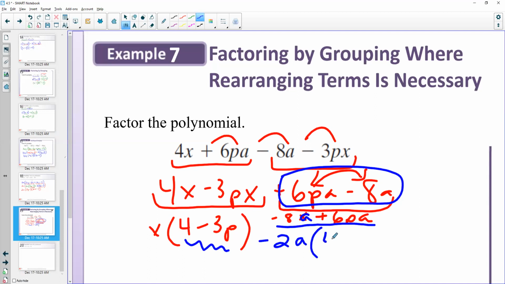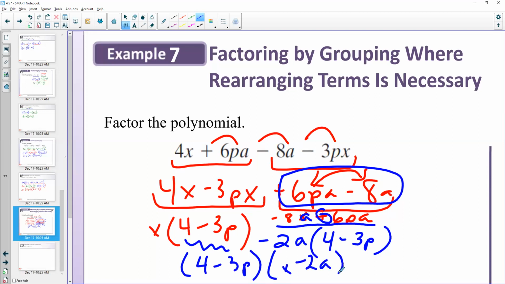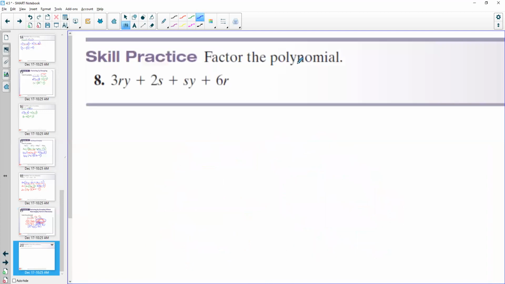So that leaves me with 4. Remember, I pulled out a negative, so this becomes a minus 3p. Okay? So now my binomial is 4 minus 3p, and I'm left with x minus 2a. Sometimes it takes a couple of tries to rearrange right. It's not a bad thing. It just happens. Okay, so try this one.